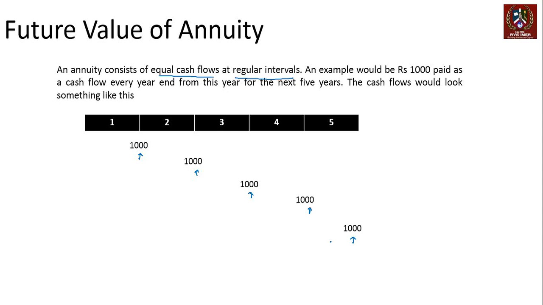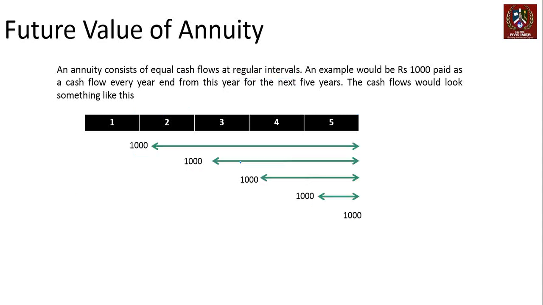Now, we want to try and find out what is going to be the value of all these cash flows if they are invested at a certain rate R at the end of 5 years, right? So that's the future value of all these investments. That's like if I invest 1,000 rupees after 1 year, 1,000 after 2, 1,000 after 3, 1,000 after 4, and 1,000 after 5, what will be my retirement value, right? Some of these concepts we have already seen in our Excel curriculum, but let's try to re-attribute and understand this.